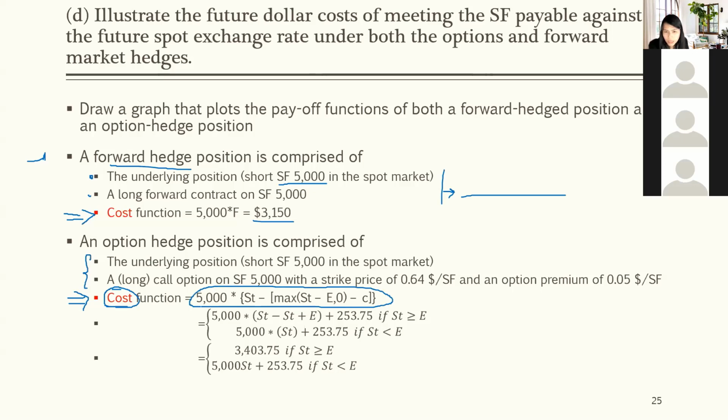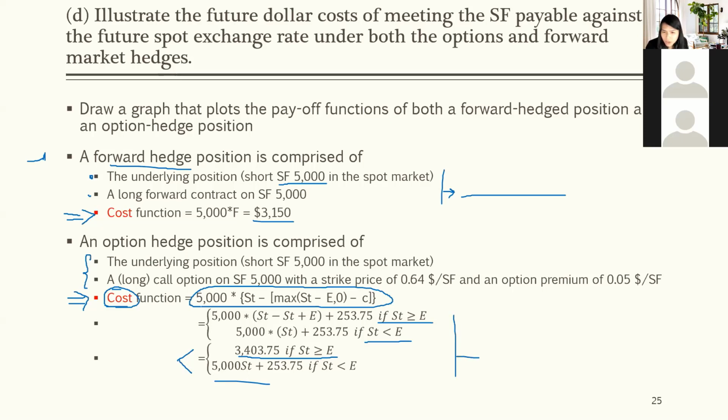So if I break them down into two, for S_D greater or equal to E or S_D less than E, then this will be my payoff function, okay? So as you can see, with an option hedge position, you've got two components. One is a fixed line at 3,403.75, and one is an upward sloping line, which is given by this equation here.